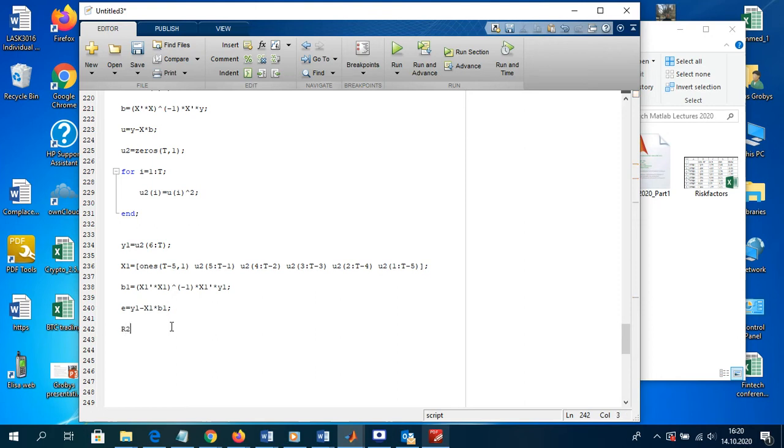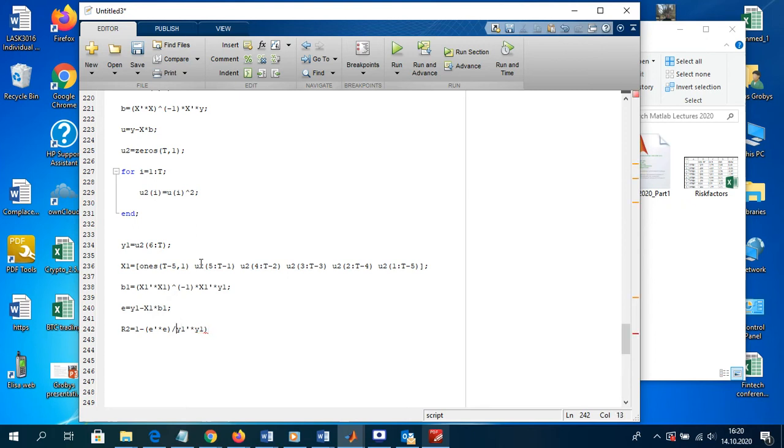So then the R square, which is the coefficient of determination, shows us how much this model explains in the auxiliary regression. So the R square is the R square of the auxiliary regression, and it's defined as 1 minus the residual vector of the auxiliary regression, which is E transposed times itself, divided by the variation in the dependent variable, which is y1 transposed times itself, of course.